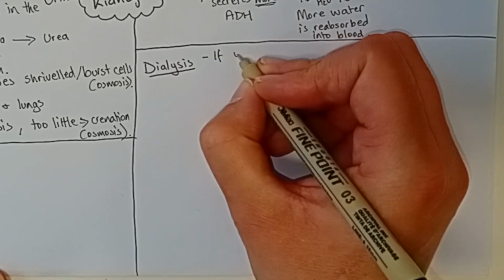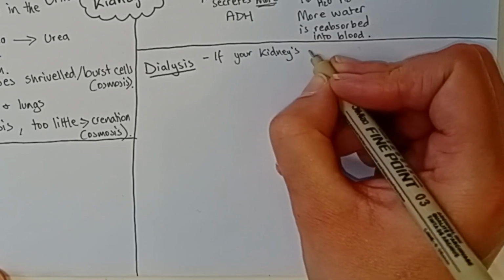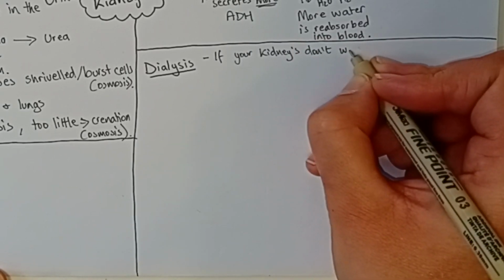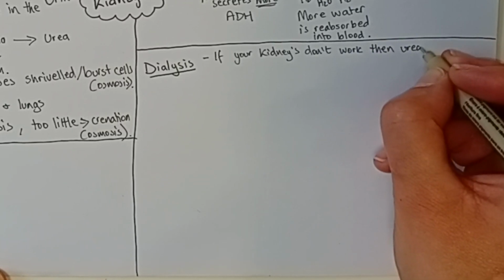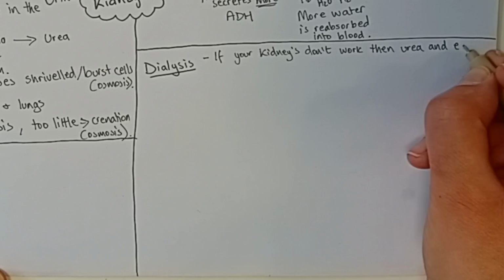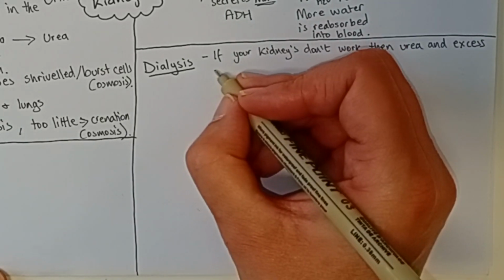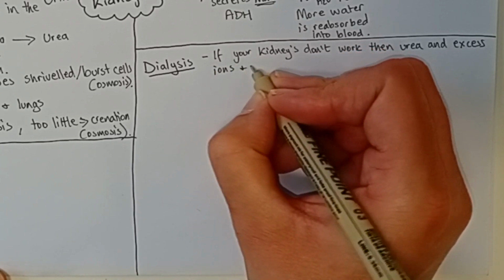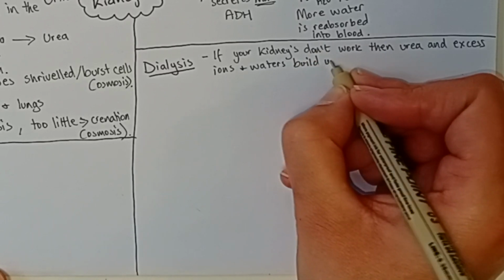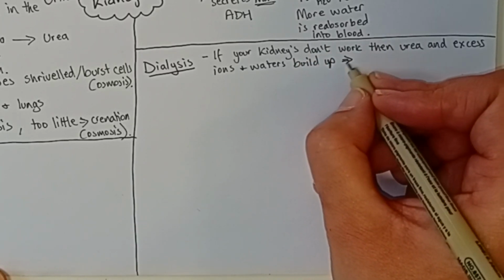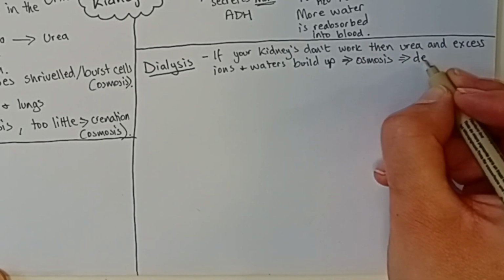So if your kidneys don't work for whatever reason, then urea and excess salt and water, and remember it's not all the salt and all the water, it's only the extra, build up in your blood, which is going to cause problems with osmosis and essentially death. So it needs sorting.